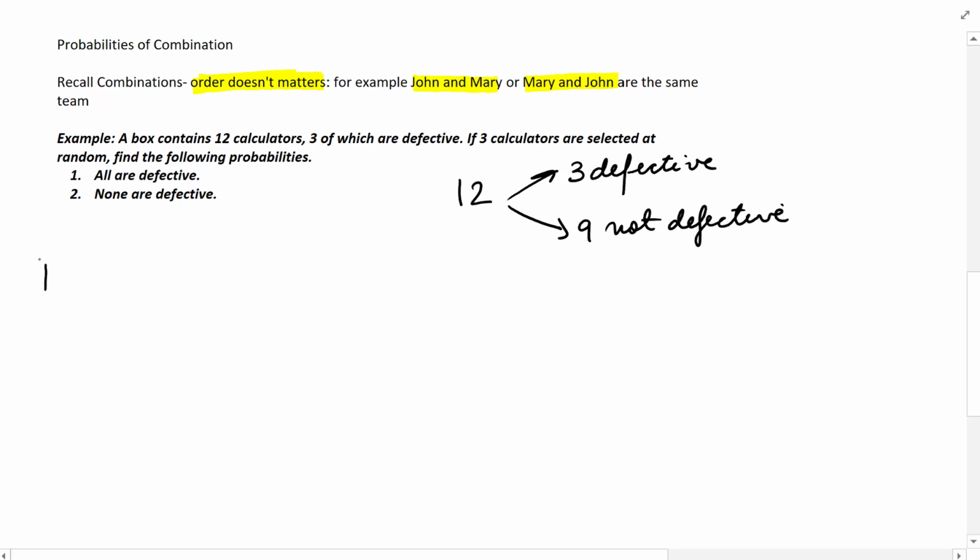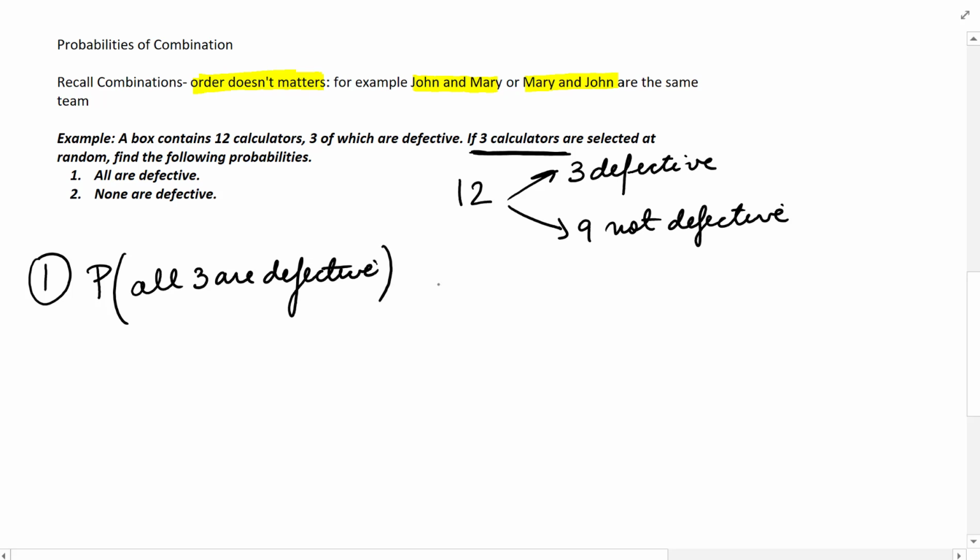So let's find the probability that when you select 3 calculators, all 3 are defective. So the probability is given by all the possibilities that when you take 3 of them, all 3 are defective.